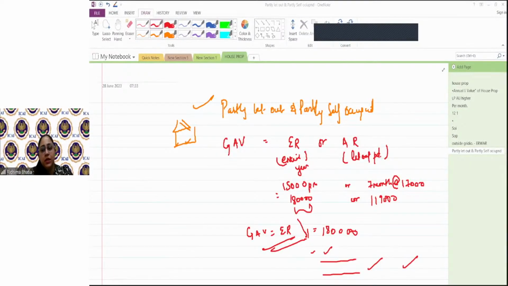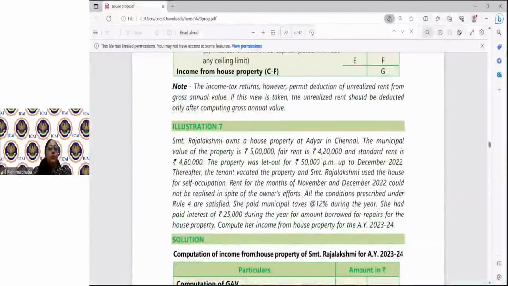If you see on the screen, Srimati Raj Lakshmi owns a house property at Adyar in Chennai. The municipal value is 5 lakhs, fair rent is 420, standard rent is 480. The property was let out for 50,000 per month up to December 2022. For how long is that? Up to December 2022, that means for 9 months.